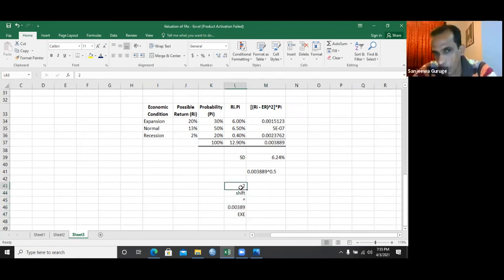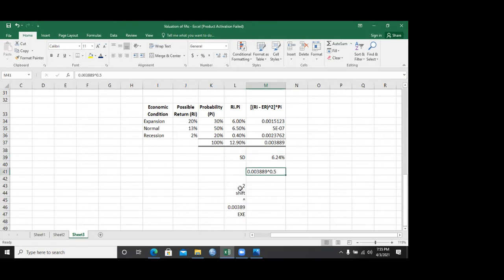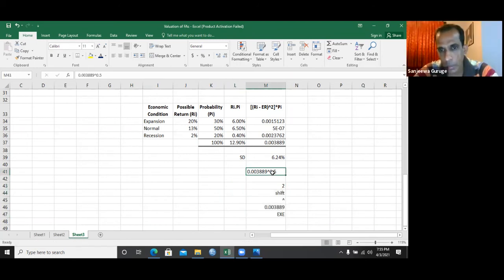Right. So when you calculate this way, did you get the answer? 6.24%. Using this method or this method, right? So you can get the standard deviation.